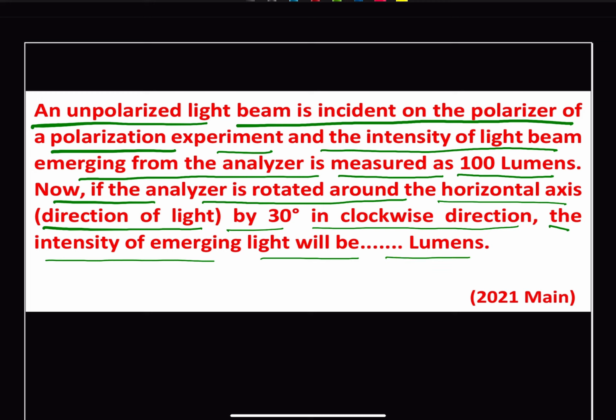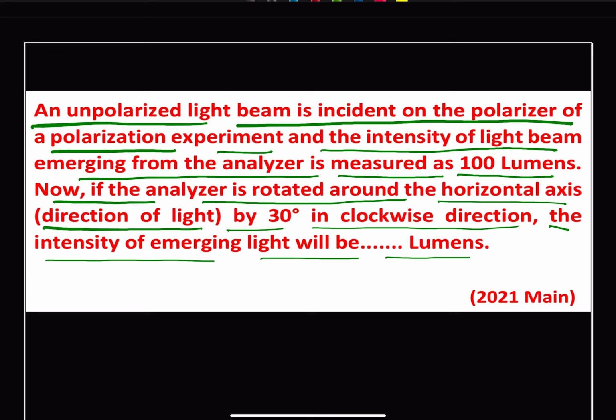So we have a polarizer and an analyzer, and in this case we have to keep in mind that the polarizer is the one which is going to give us a variation in the intensity, and the analyzer just analyzes the intensity which comes through it.